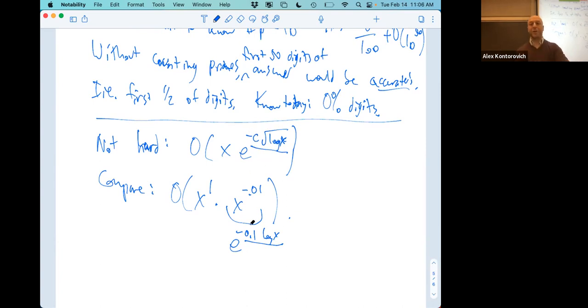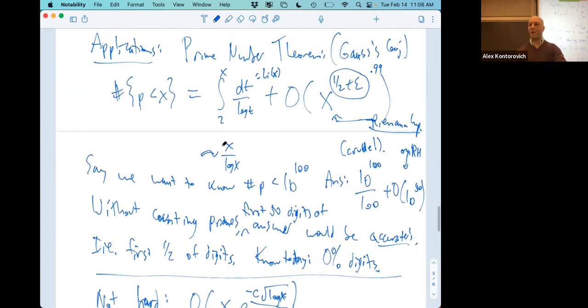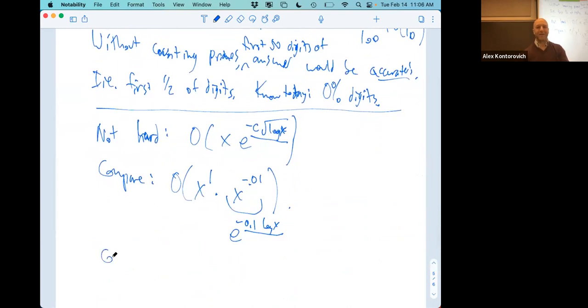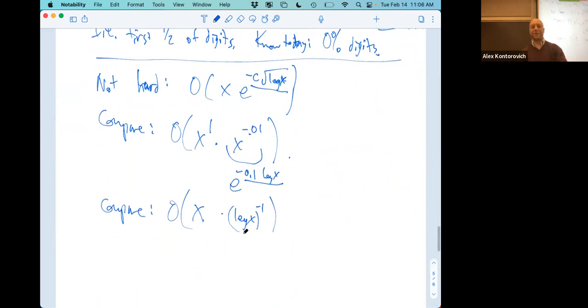But let's compare it to, for example, is this even greater than the order of magnitude here? What about 1 over log x? What is that? Compare to the main term, which is x over log x. So this is log x to the minus 1. And how can we write this as e?